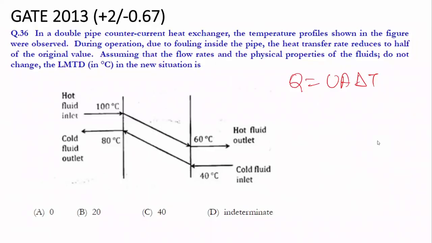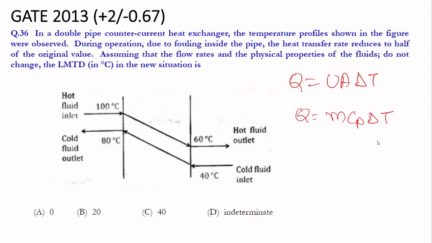Alright, so any heat exchanger duty Q is given by M Cp times delta T. In this case, in the operation before the fouling occurred and after the fouling occurred, M and Cp values have remained constant, so only the delta T value will change.